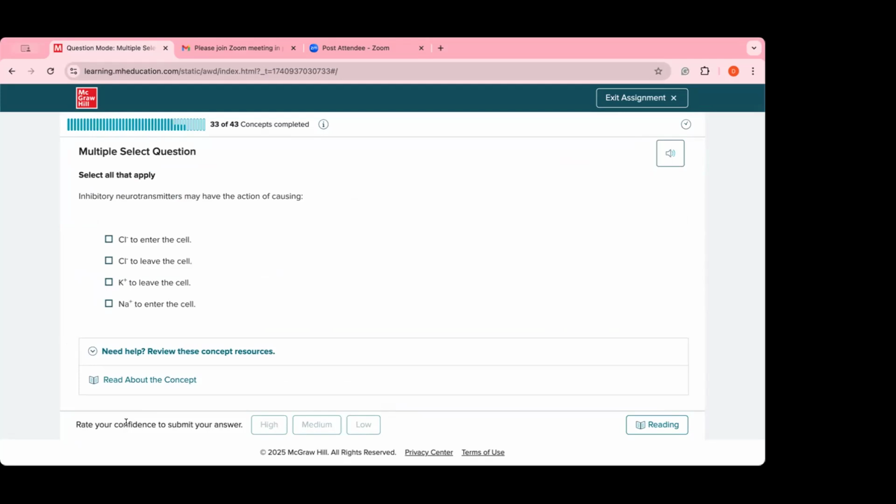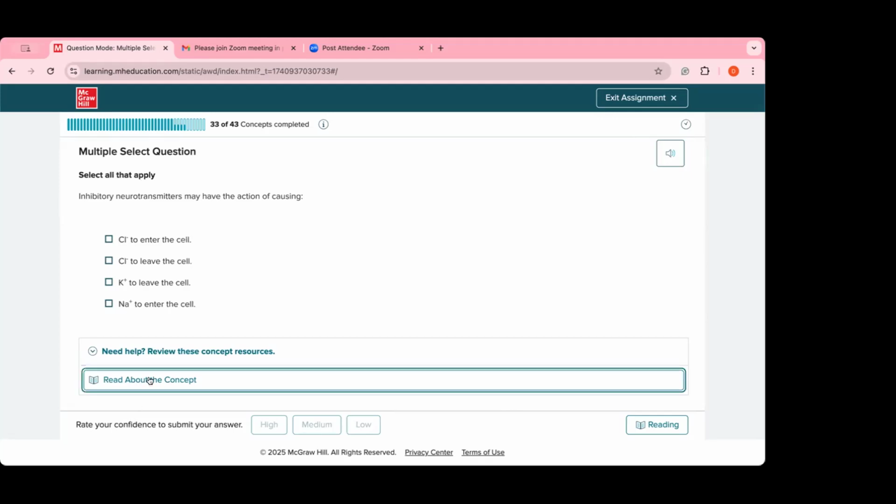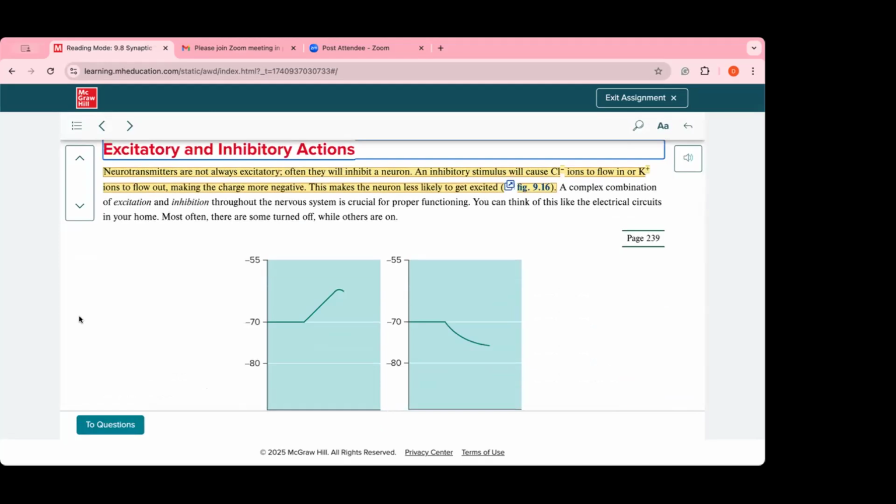Inhibitory neurotransmitters may have the action of causing what? I don't know, we haven't gotten to this yet, so let's read it and see. Neurotransmitters are not always excitatory. Often they will inhibit a neuron.